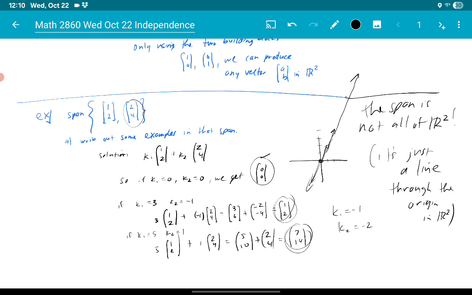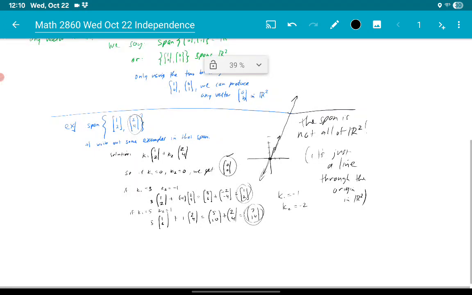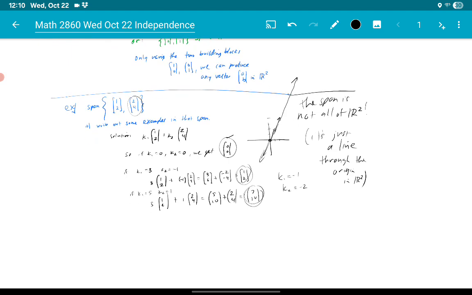Okay, so you have to be careful. Not every span of two things will produce R2. In this case, the span of those two objects produced a line in R2. By the way, another thing we learned the other day is that we did learn in Monday's class that every span, no matter what you have, is a vector subspace.